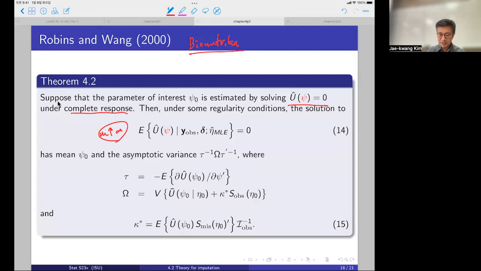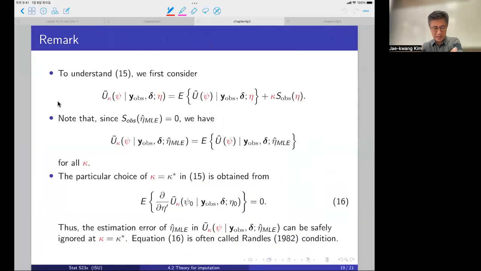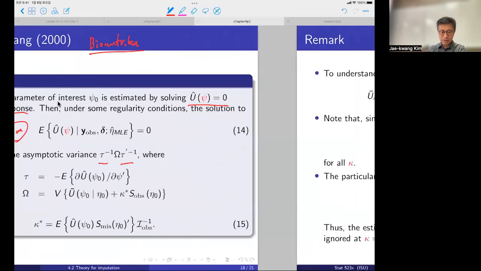So this is the answer. Basically, we have a mean psi 0, the true parameter, and the variance has a sandwich form, with tau and omega. Omega is the core part reflecting the imputation variance. We used an example to show this, but let me first make some comments on this result.